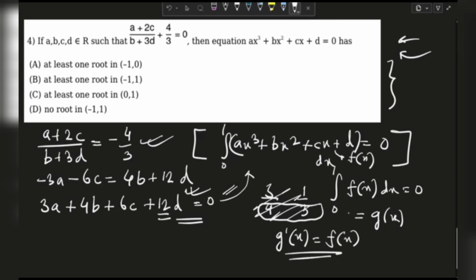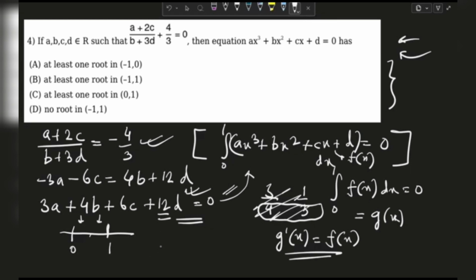Now, integrating from 0 to 1, the area was 0, which basically means that from 0 to 1 there is no net area enclosed by your f of x, which also means that the roots are somewhere in between these two. Otherwise, if you take any roots to be outside 0 and 1, then there would also be some area enclosed between 0 and 1. But because the area enclosed between 0 and 1 is 0, there should be some roots in between these, right? Now what is the number of roots, we don't know.